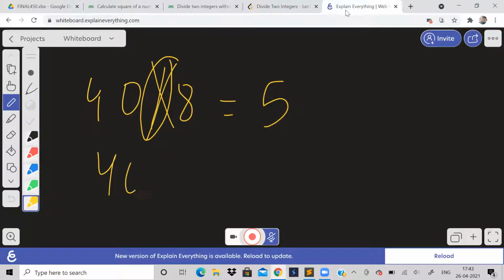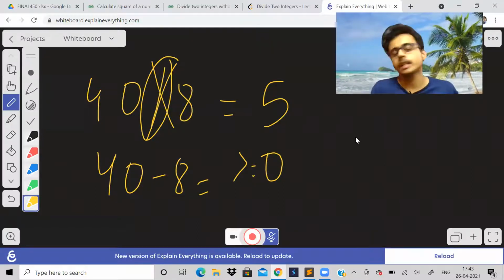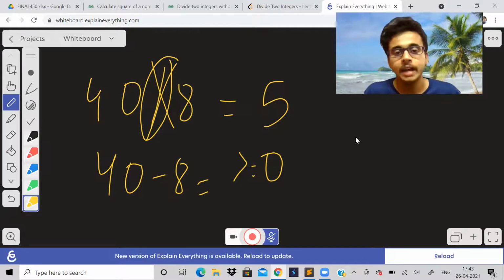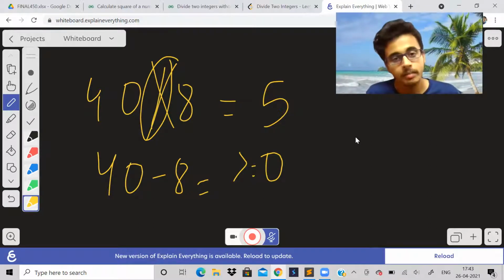So basically, one of the methods is I will keep subtracting 8 from 40 until the value reaches 0, or is greater than or equal to 0 and I cannot subtract 8 from it further. Suppose the number was 43, then I subtract 8 from 43 5 times, and the remainder is 3.